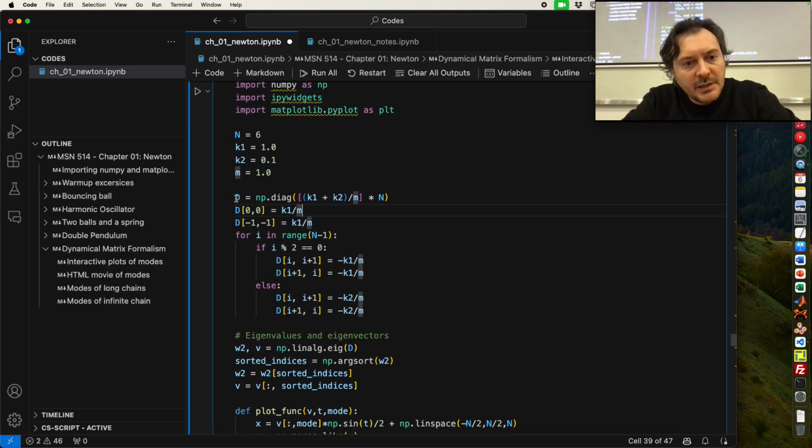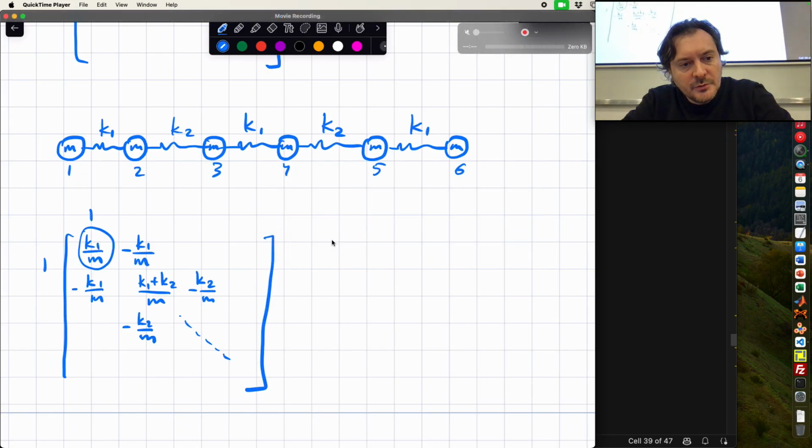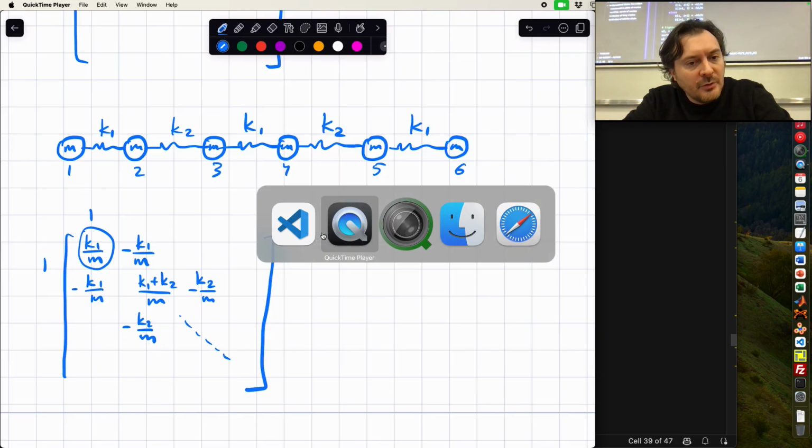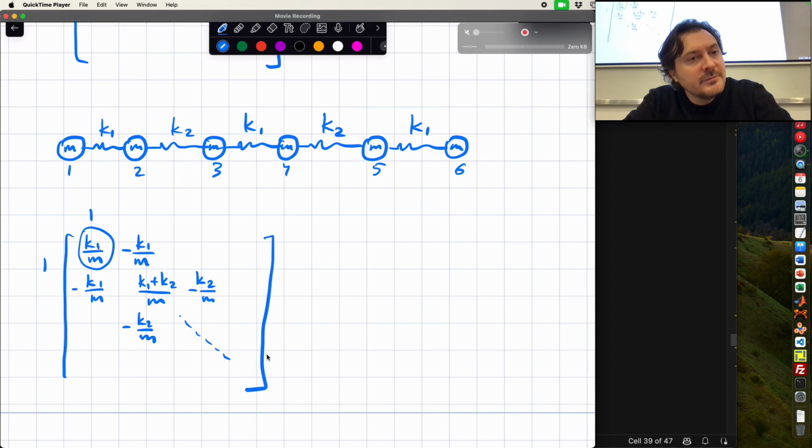So that's what this program is constructing. It starts by constructing a dynamical matrix with all diagonals K1 plus K2 over M, which corresponds to all diagonals here. But then you have to change the first one, right? So we have changed the first one to K1 over M. And you also have to change the last one. Are you following?